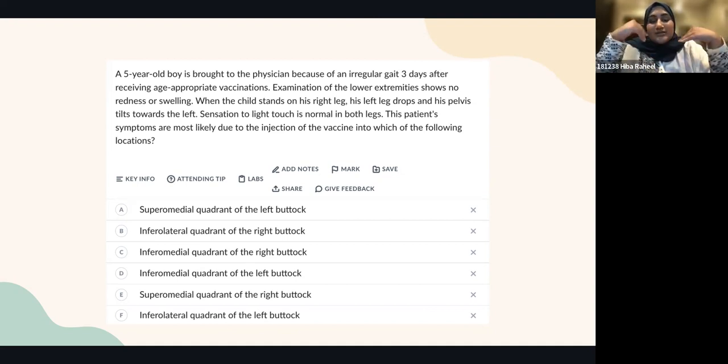You always inject in the upper quadrants. Okay. Now, preferably which one? It's usually superior medial or outer quadrant. So upper outer quadrant. But sometimes what happens is that they either go too deep, or the patient does not have sufficient fat in the buttocks, like a very young child, and so they end up damaging this nerve. Usually the safest place is the deltoid. Okay?